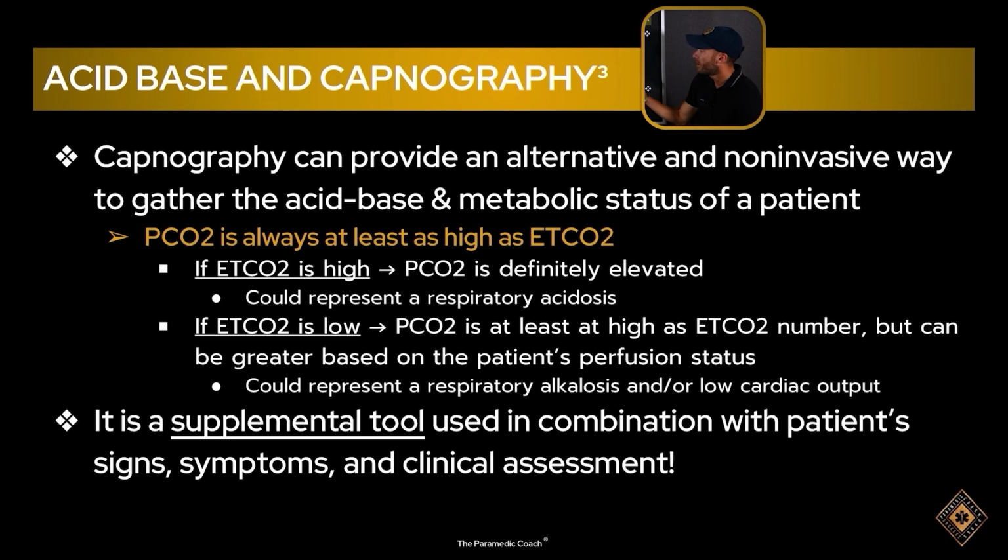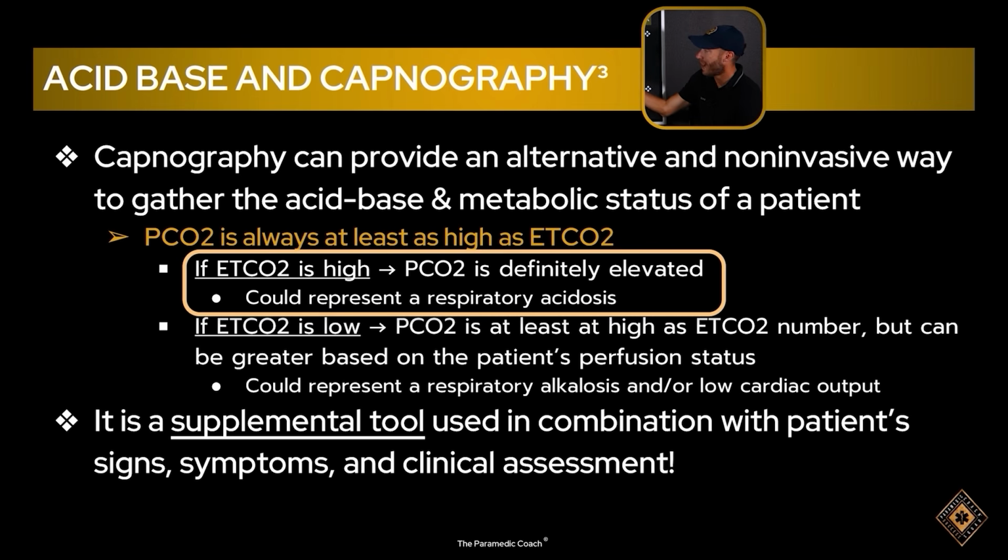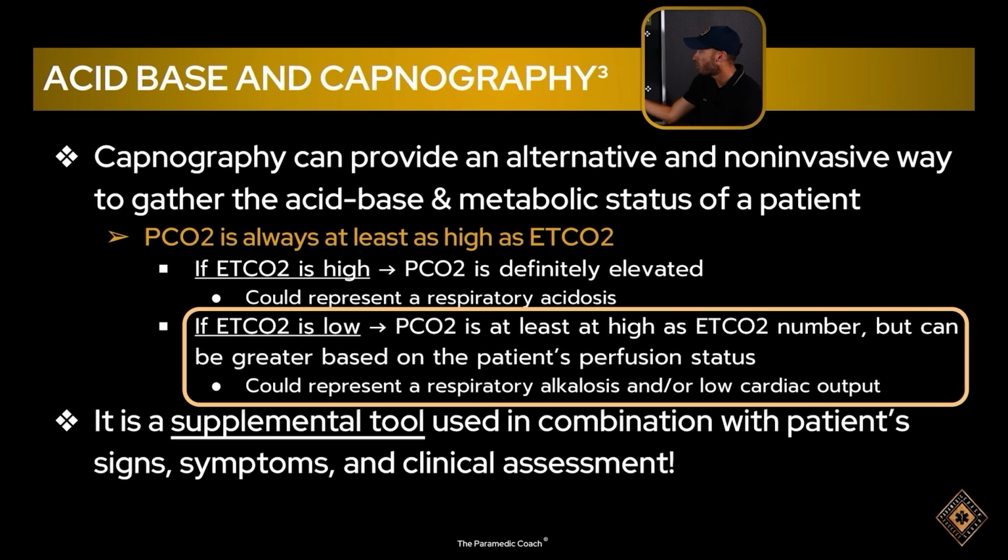Meaning, folks, if the end tidal CO2 is high, the PCO2, the arterial blood CO2, is definitely elevated, and it could represent a respiratory acidosis. If the end tidal CO2 is low, the PCO2 is at least as high as the end tidal, but can be greater based on the patient's perfusion status. It could represent a respiratory alkalosis and/or a low cardiac output.